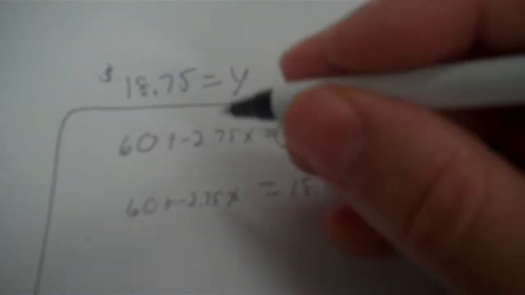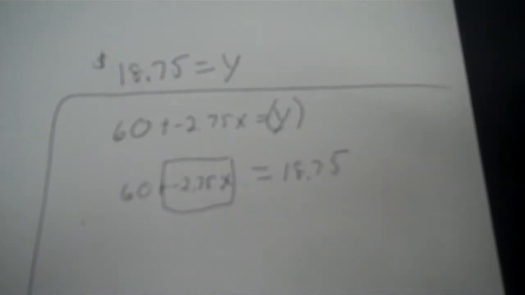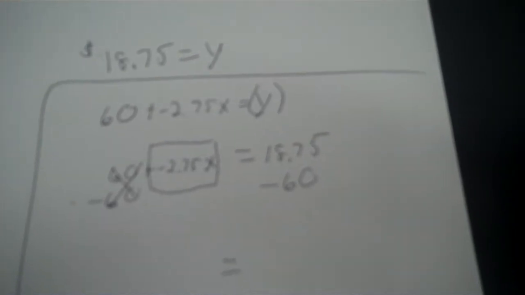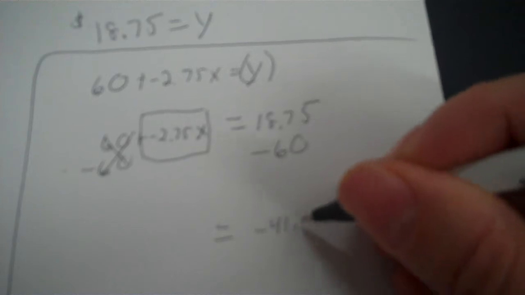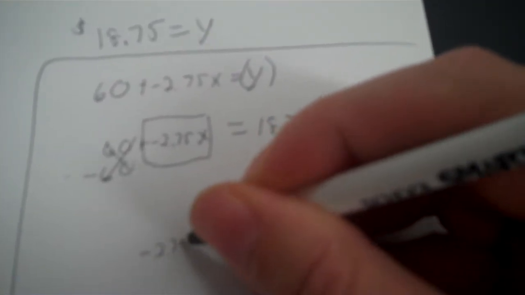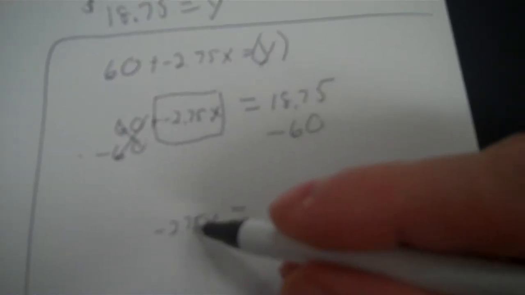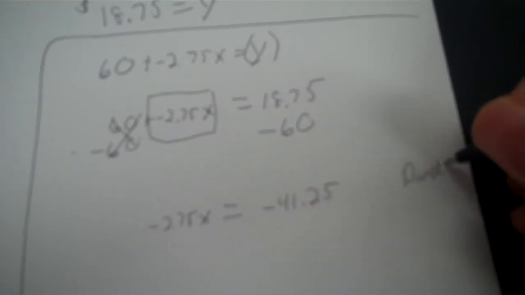Okay, so here's my X. I got to get X by itself. X, its coefficient is negative 2.75. So I need to minus the 60. Okay, 18.75 minus 60 is negative 41.25. And over here we got the negative 2.75x. Now it's time to either multiply or divide. Now that number is connected to the front of the X. It is not underneath it, so I'm going to need to divide.